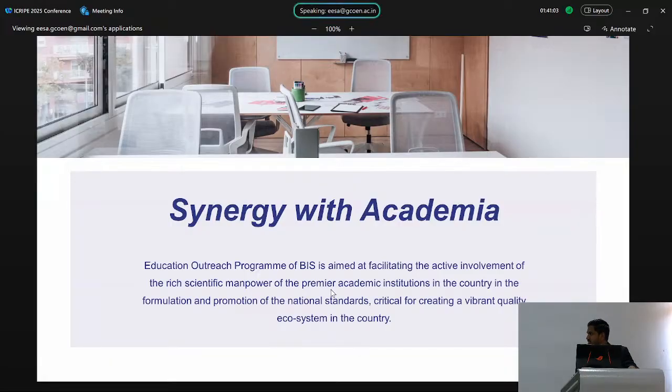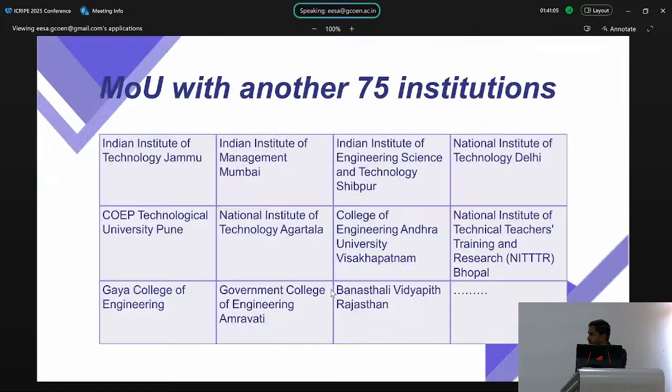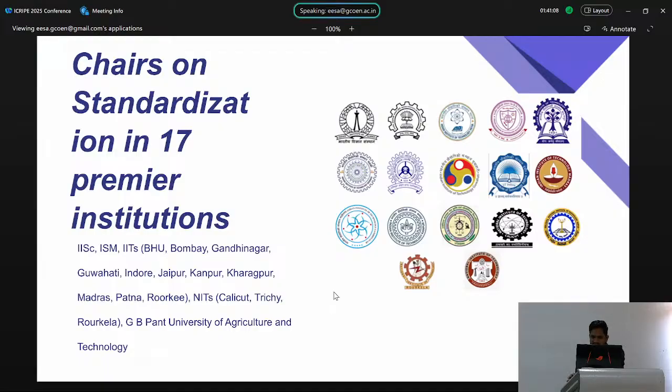We have chairs for standardization in different institutions. Currently, we have 17 premier institutions where chairs for standardization have been formed, like IISc, IISM, and different IITs. Then at some NITs we have them, and all these colleges are actively involved in the process of standardization.